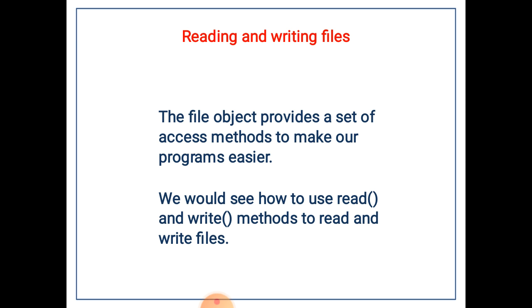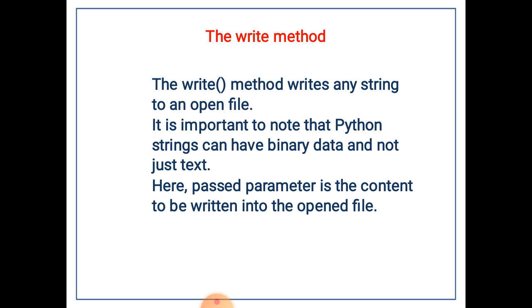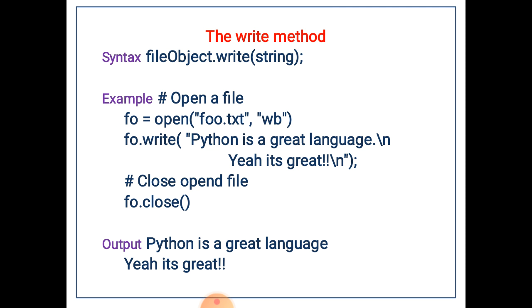See the example. Next, the methods to read and write files to and from Python. The write method writes a string into the opened file, but the thing we have to note here is that Python strings not only contain text, but they also contain binary data. See the example.